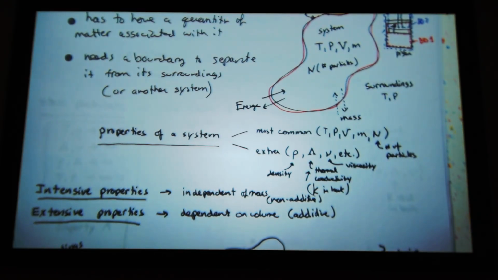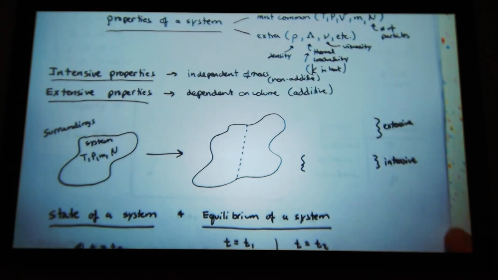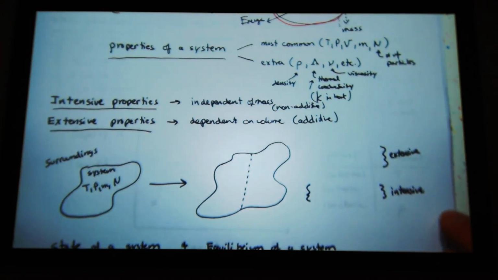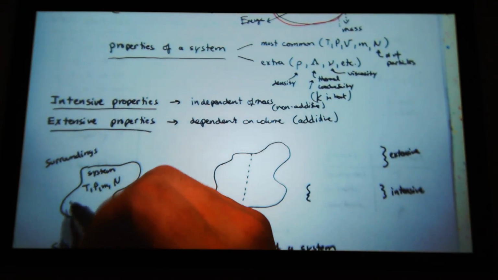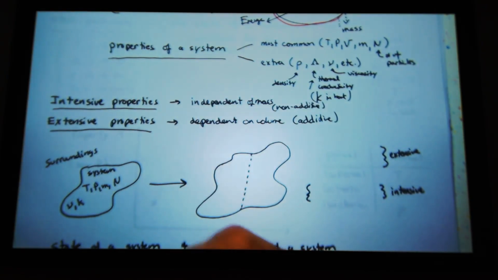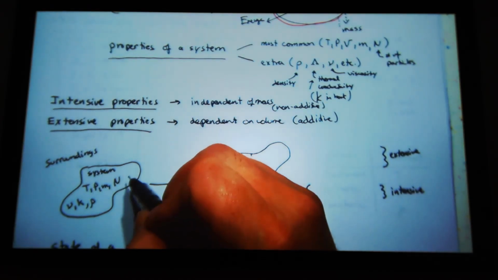So let's look at a system here, and let's just write temperature, pressure, mass, number of particles. I could also put viscosity, thermal conductivity, density, whatnot. Let's put volume here.